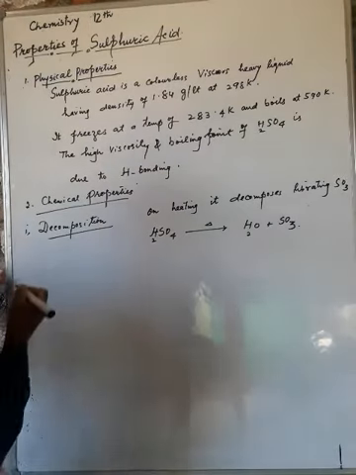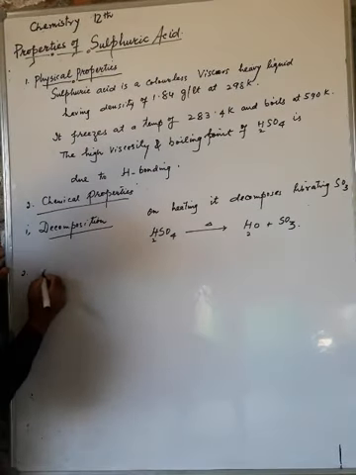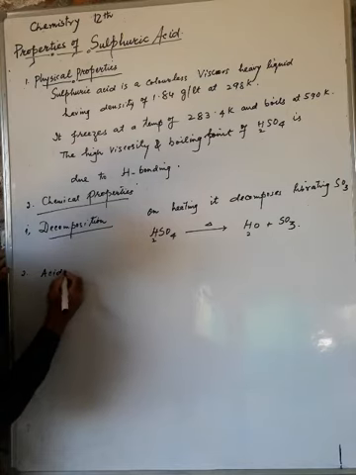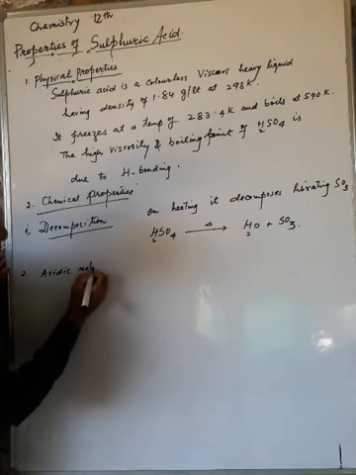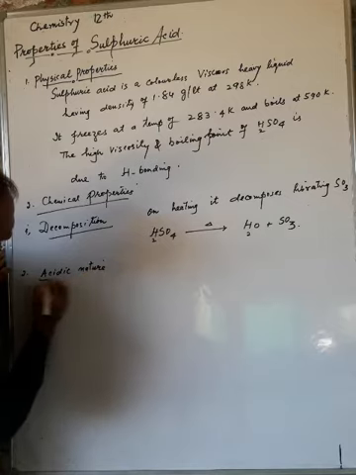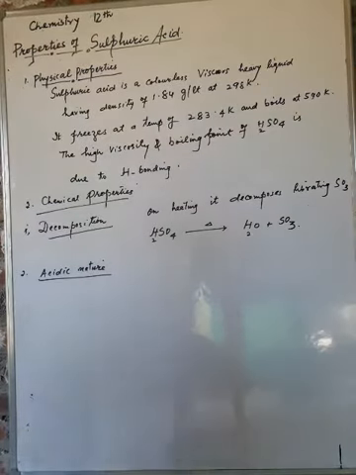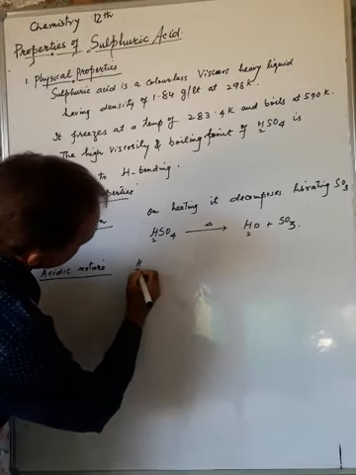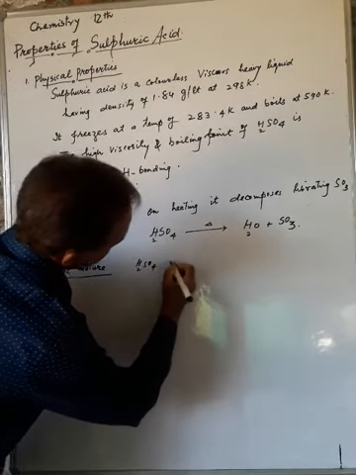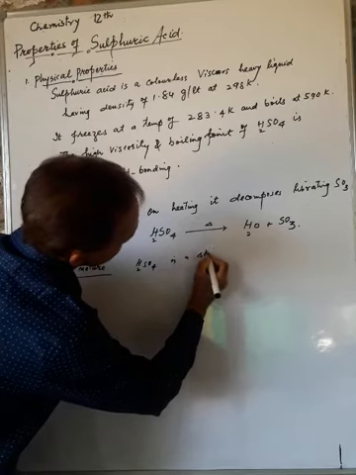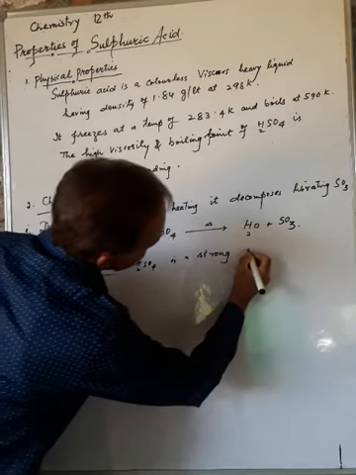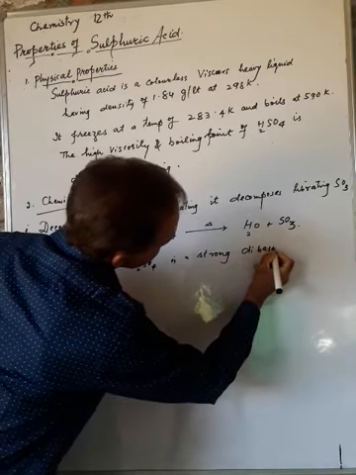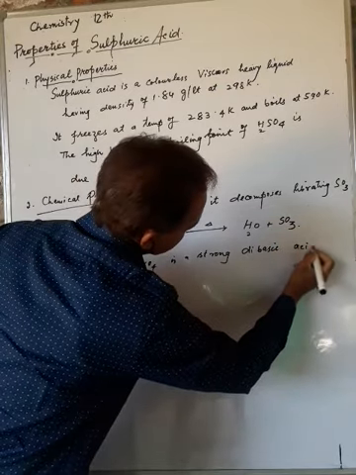Number second is acidic nature, or the properties due to the acids. This sulfuric acid is a strong dibasic acid.